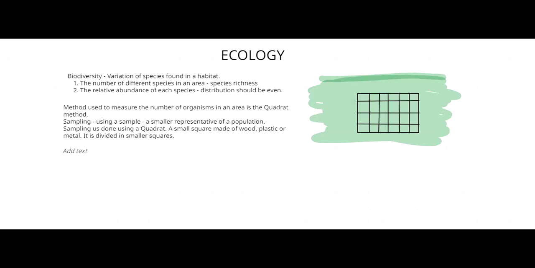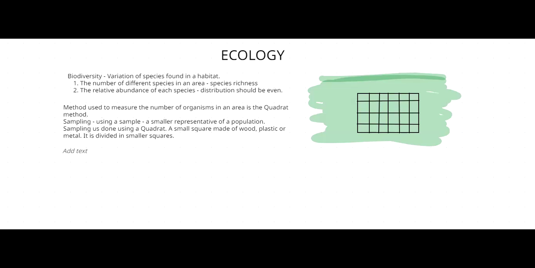Then you count the number of organisms in each square, add them up, and calculate the average per meter square.